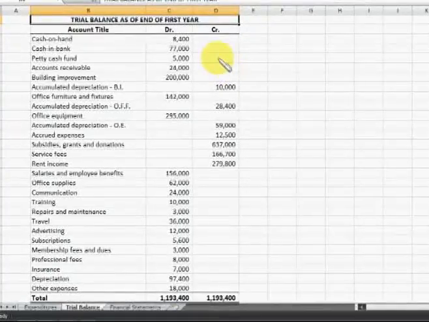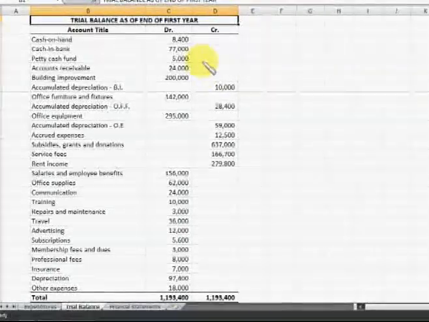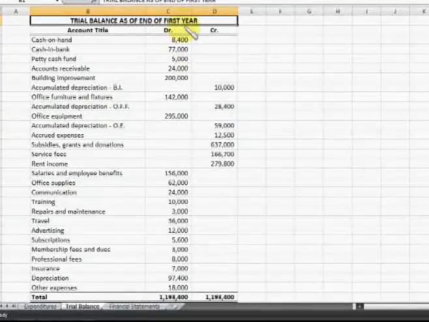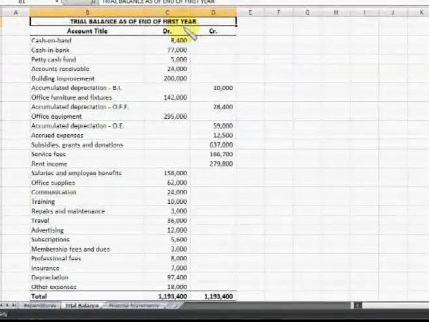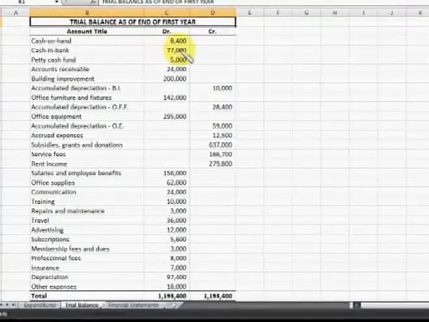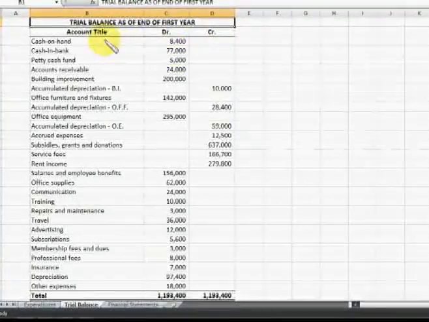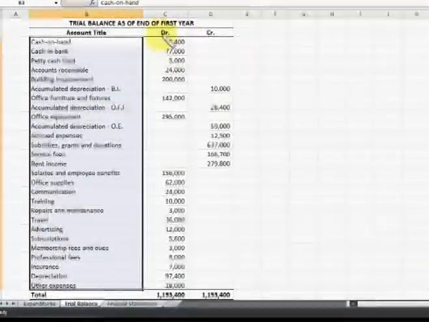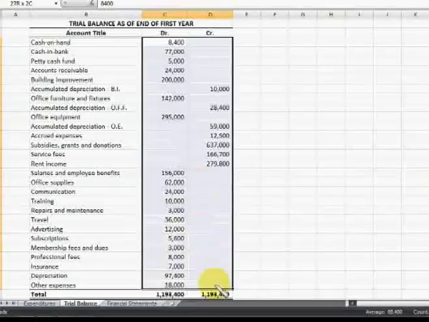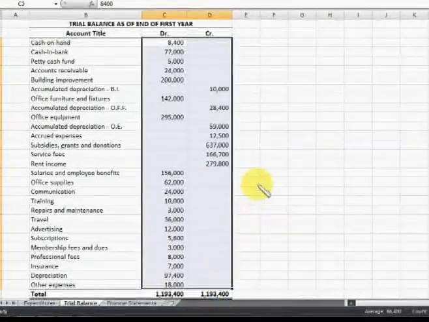The trial balance of an accounting entity or a business enterprise like a CEC is based on the account titles and the corresponding account balances that we derive from the general ledger.